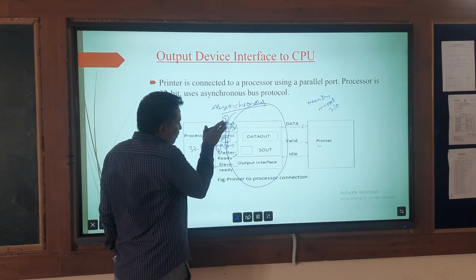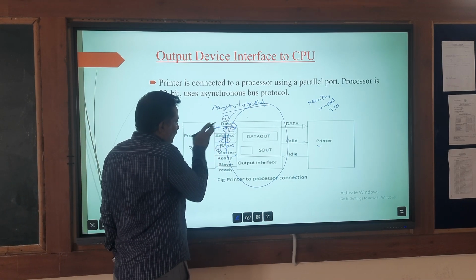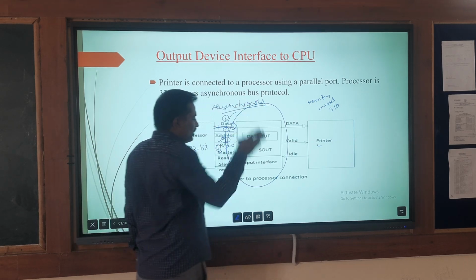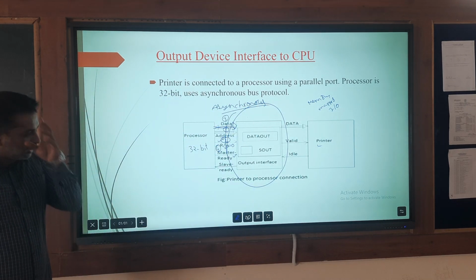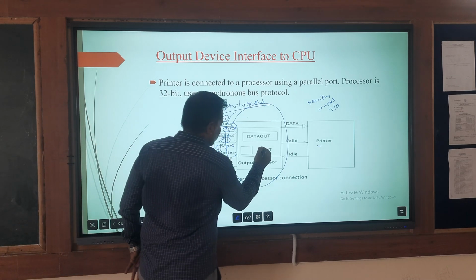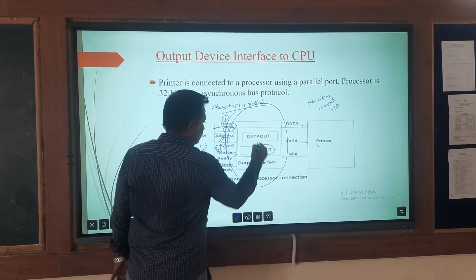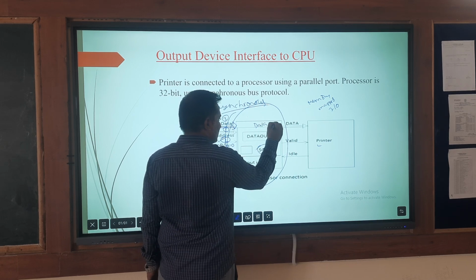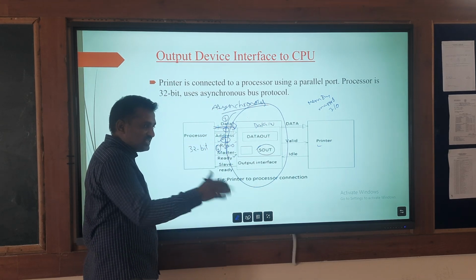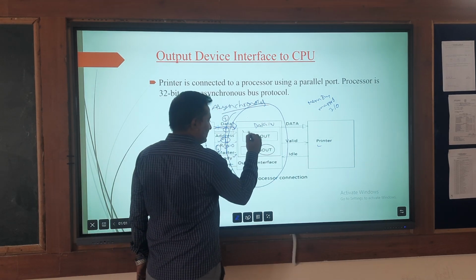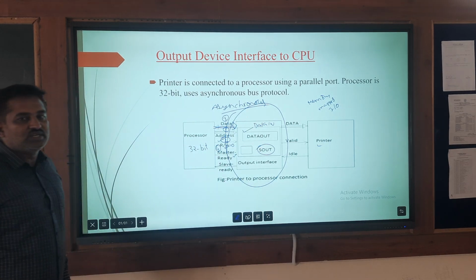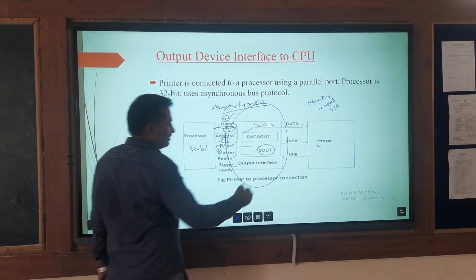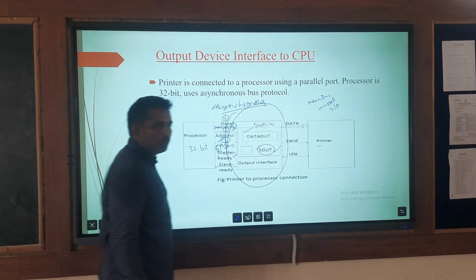Now what happened? Whatever data the processor placed on the data bus will be transferred to the data out. Next, see my dear friends, in the previous case we had the data in register here. Why? Because that was the input operation. But now it is an output operation. So the interface circuit consists of a data out register, and this status can be identified with the help of the S out pin.